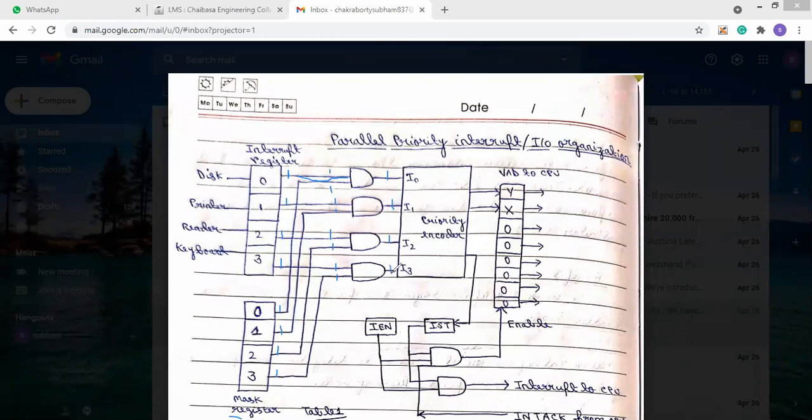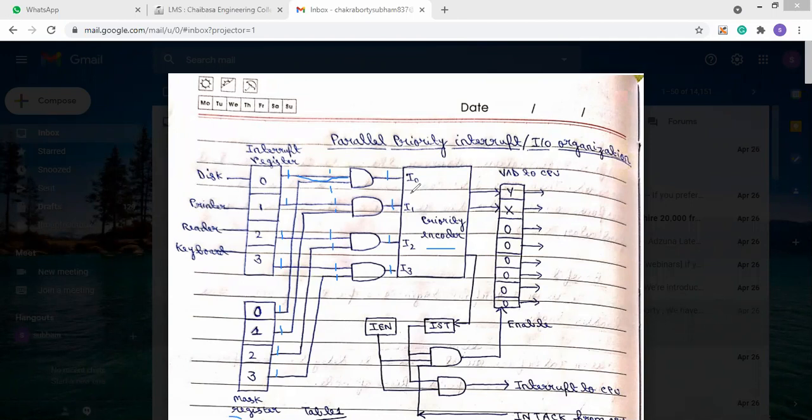Now if all the input output devices generated an interrupt, then their values will be 1. From there, these values go to the priority encoder inputs. Our priority encoder is 4 into 2, which means the priority encoder has 4 inputs and 2 outputs.